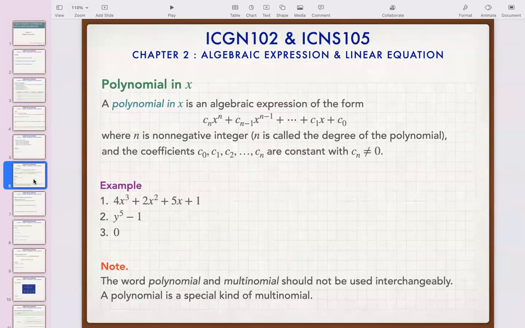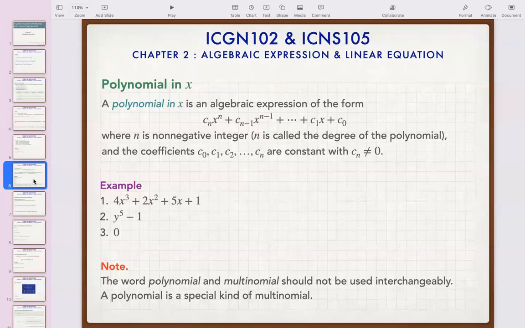A polynomial in x is an algebraic expression that can be written in the form of c_n x to the power of n plus c_(n-1) x to the power of n minus 1 plus ... plus c_1 x plus c_0, where n is a non-negative integer.